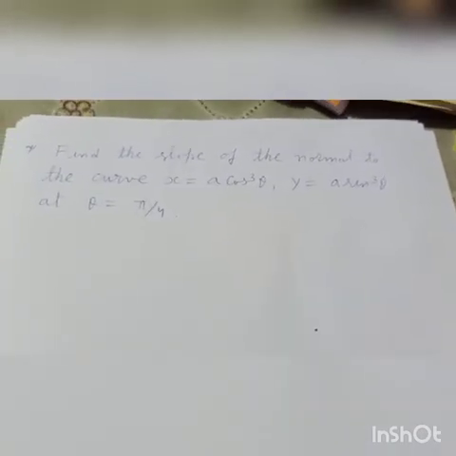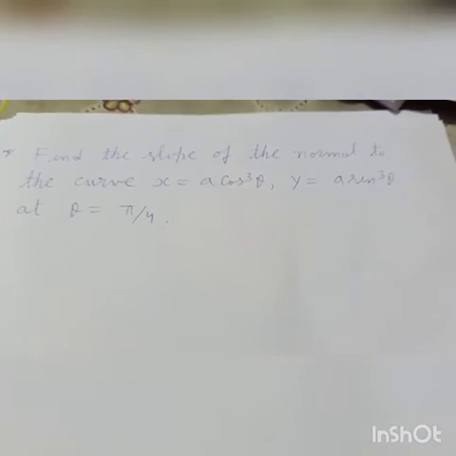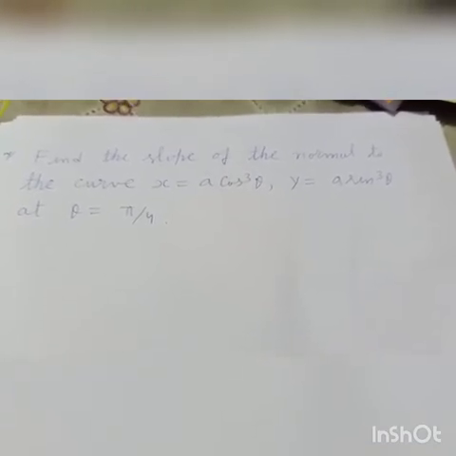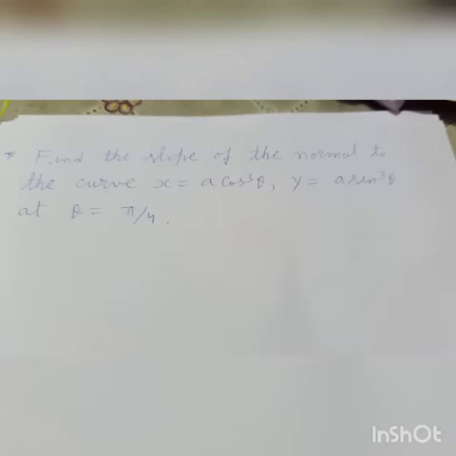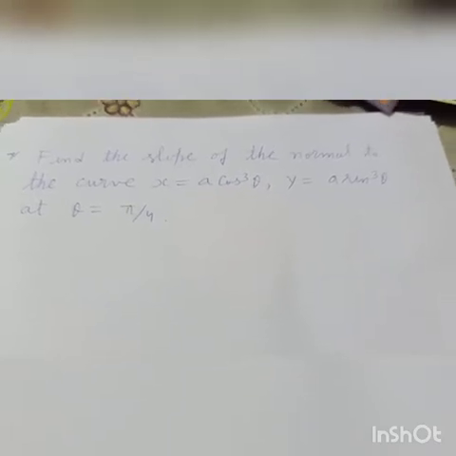We begin with this question. Actually this is a parametric form. A curve is given in parametric form, and we have to find the slope of the normal. The curve is x equal to a cos cube theta, y equal to a sin cube theta, at theta equal to pi by 4.